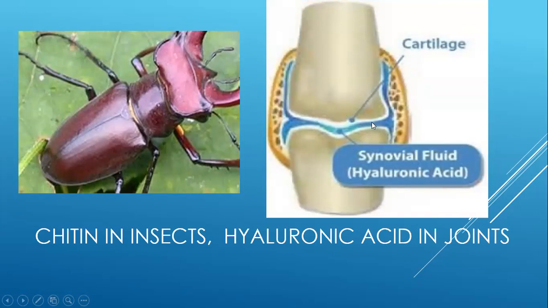In order for this not to happen, the body has a carbohydrate in the joint called hyaluronic acid. So this carbohydrate helps to lubricate the joints, just like your engine oil lubricates your car or your generator.